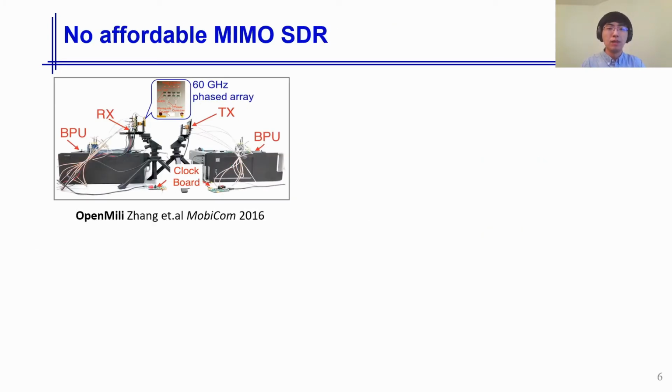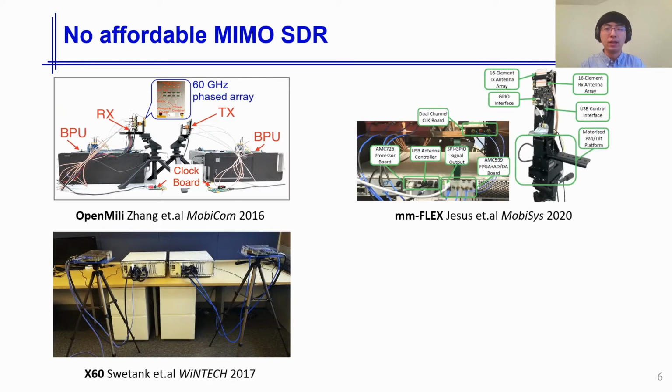Other researchers have also developed mmWave platforms based on self-built phased arrays, such as the OpenMili project, or purpose-built front-ends with discrete components, such as mmFlex or X60. This kind of design is typically expensive, and none of these existing platforms support mmWave MIMO configuration due to the limitations of this RF front-end.